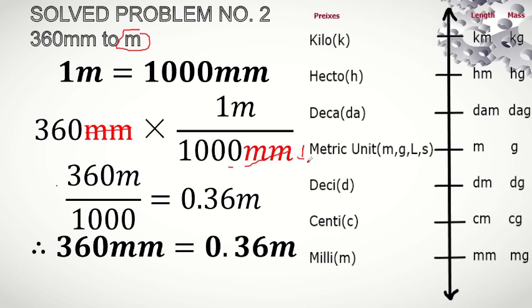0.36 meter. Ngayon, kung itatry natin siya dito sa metric ruler, from metric units, alright? Ngayon, saan ang millimeter? Dito sa baba. Start dito. 1, 2, 3. Ilan? 3. Diba? Pababa. So, since pababa, papunta dito.